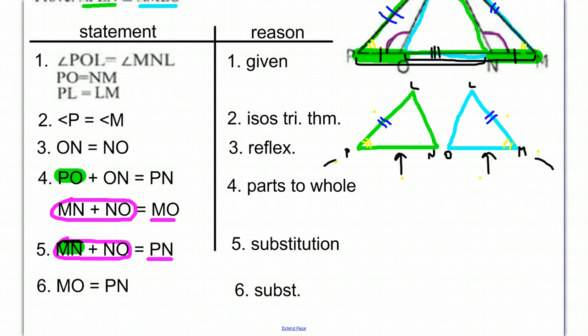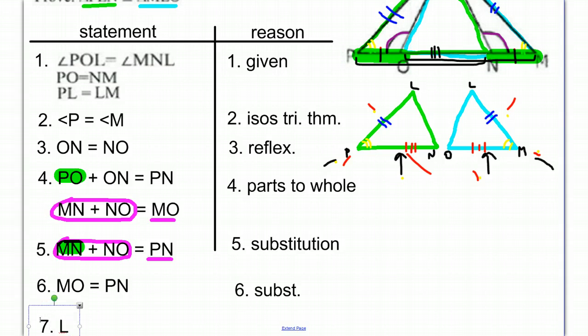Because I've now proven that those two parts are equal to one another, I now have enough information to say side, angle, side, and I can prove that these triangles are congruent. So I'm going to go ahead and write my congruent statement right down here at the bottom.